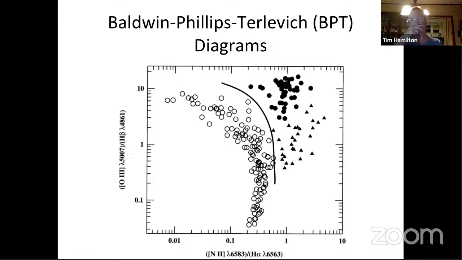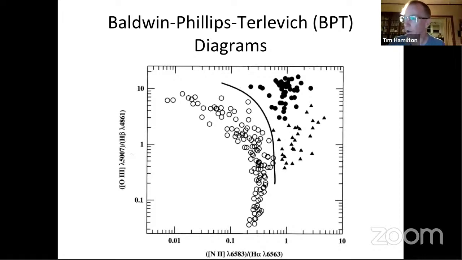Now, the next thing to notice is that in each one of these axes, your pair is a narrow line divided by a broad line, a forbidden line divided by the equivalent width of a permitted line. So how do we interpret this?